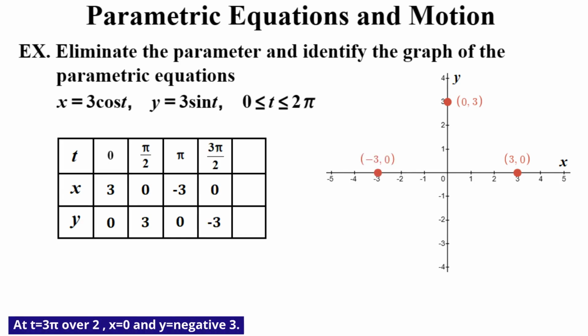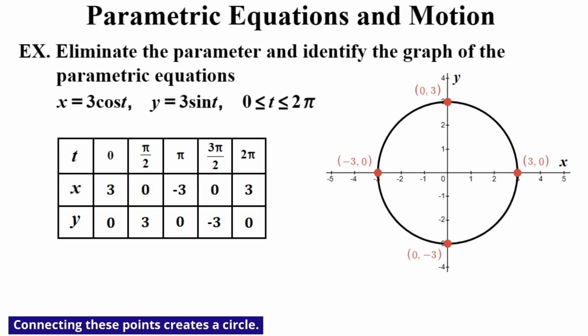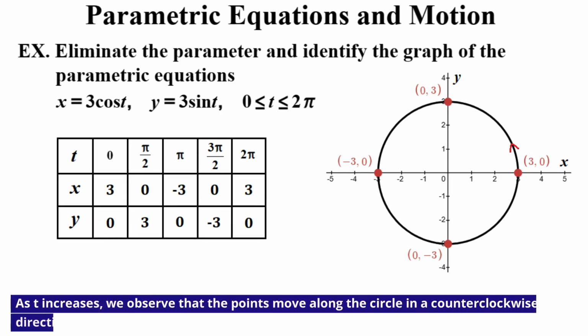At t equals 3 pi over 2, x equals 0 and y equals -3. At t equals 2 pi, we return to the initial position with x equals 3 and y equals 0. Connecting these points creates a circle. As t increases, we observe that the points move along the circle in a counterclockwise direction.